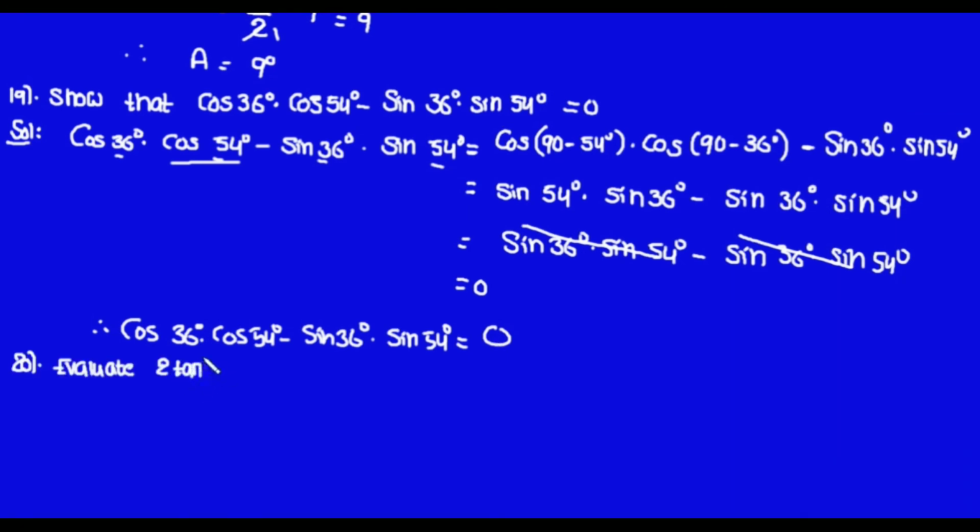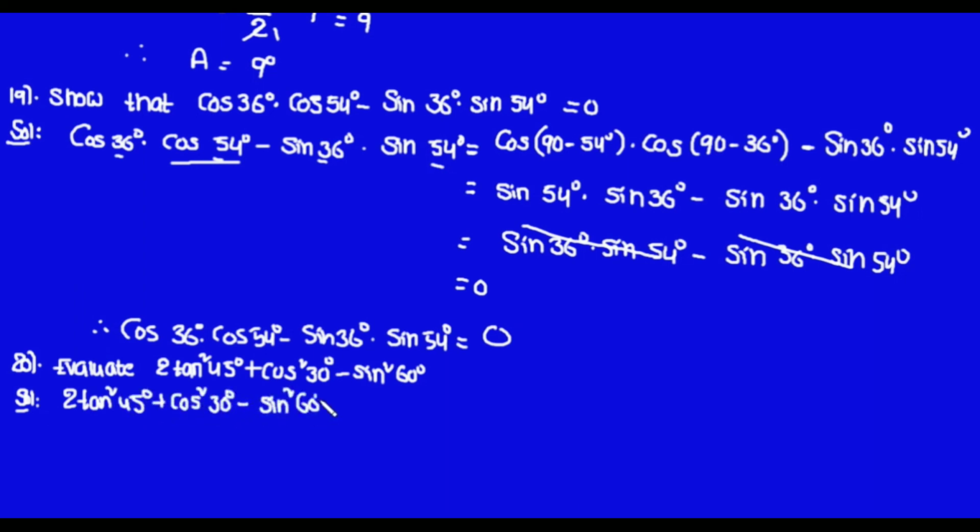Problem number 20. Evaluate 2 tan square 45 degrees plus cos square 30 degrees minus sin square 60 degrees. Solution. The given problem is 2 tan square 45 degrees plus cos square 30 degrees minus sin square 60 degrees. Now, substitute the values of tan 45 degrees, cos 30 degrees, sin 60 degrees.